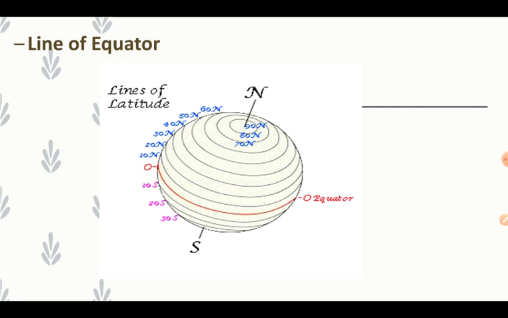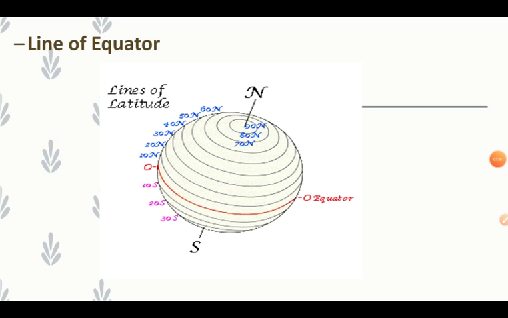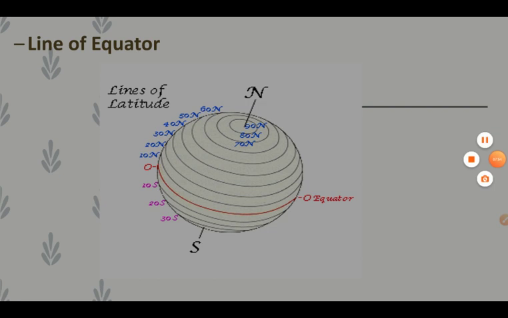So this is all about the equator line. As such, all parallels north of the equator are called north latitudes. Similarly, all parallels south of the equator are called south latitudes.